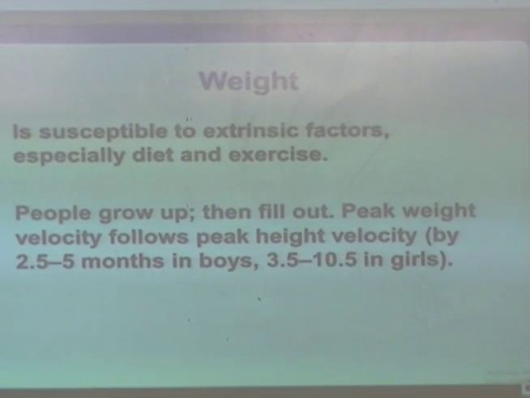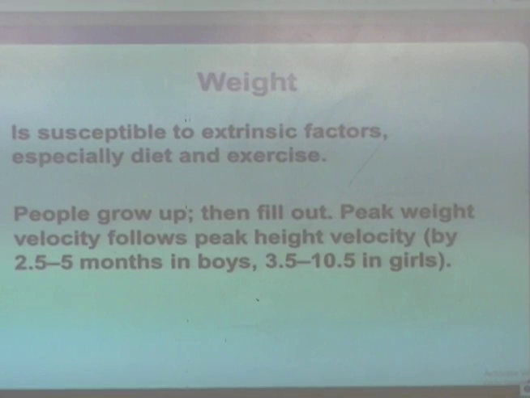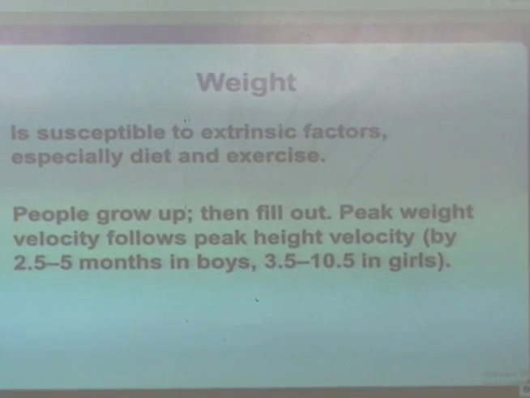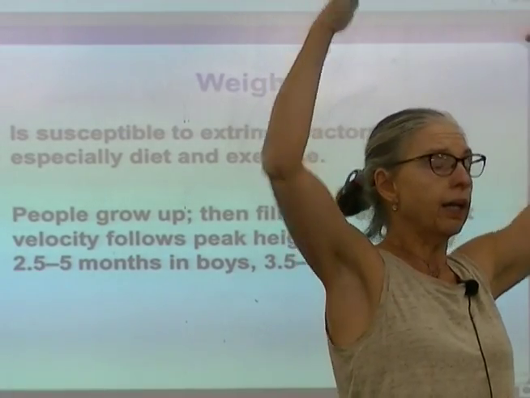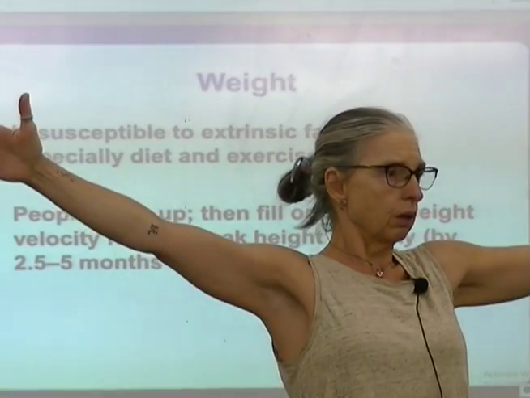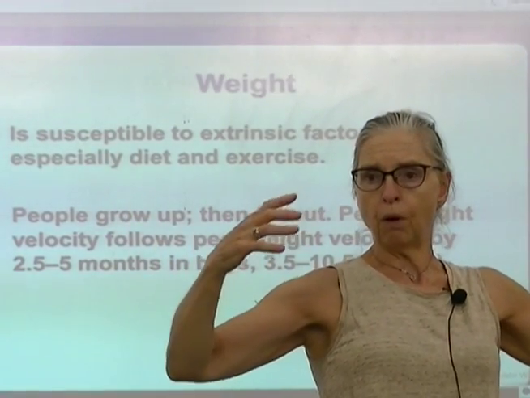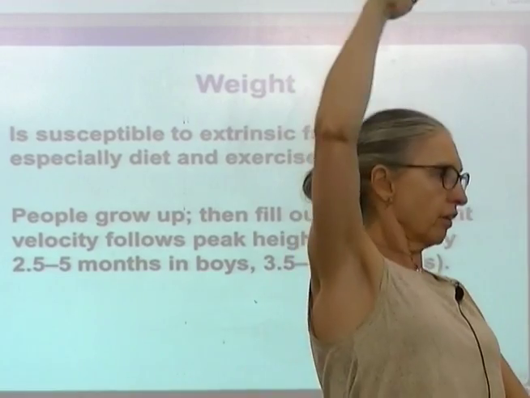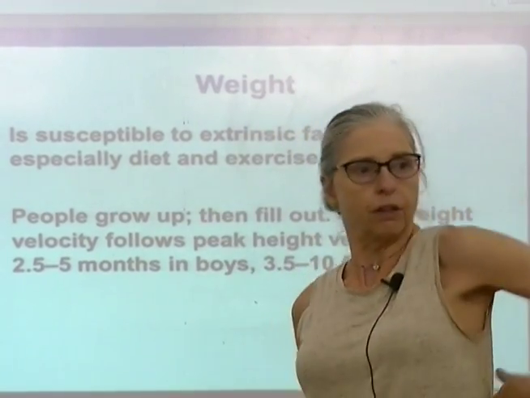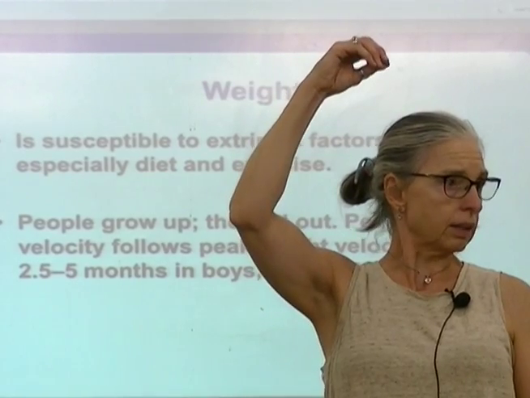Limb segments can continue to grow and reach their peak growth before or after the height. So some people will grow tall very quickly, and then their legs and arms get longer. Other people start to get longer arms and legs, and then all of a sudden you see a big shoot because their torso, their spine extends.